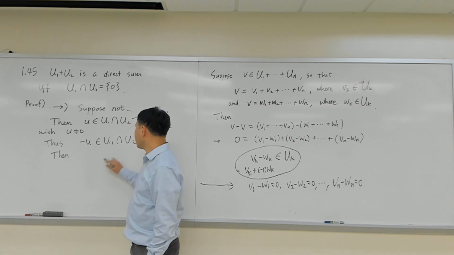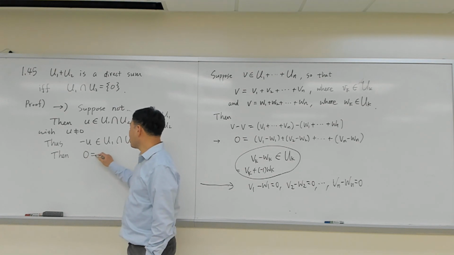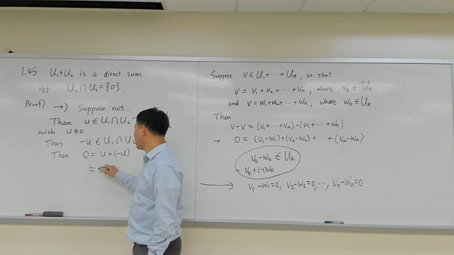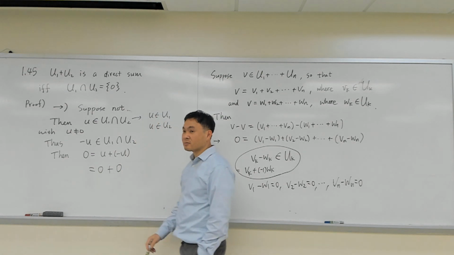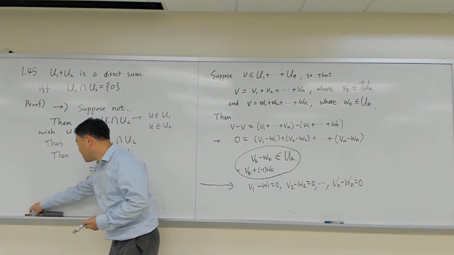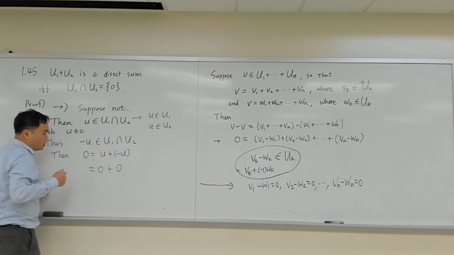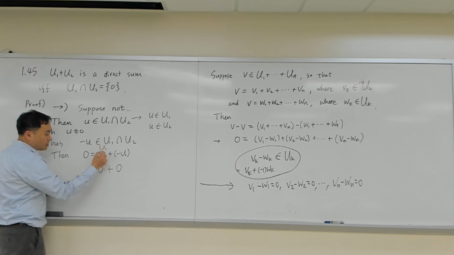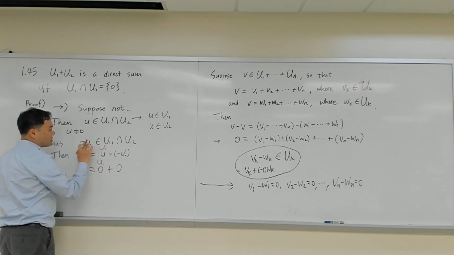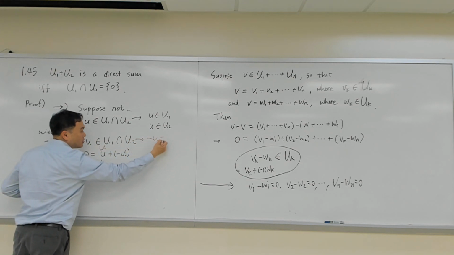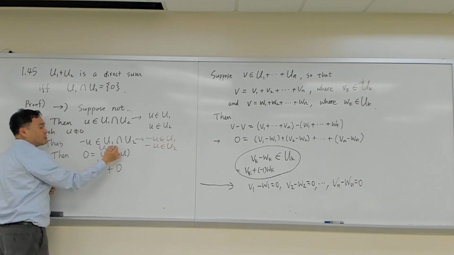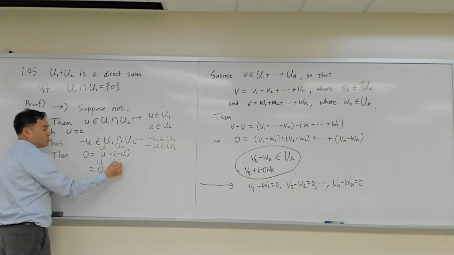Then 0 is equal to u plus negative u, equal to 0 plus 0. Now this is not good because, look, u is in U1, right? 0 is also in U1. Negative u is in U1 and negative u is in U2, so this is in U2, this is also in U2.